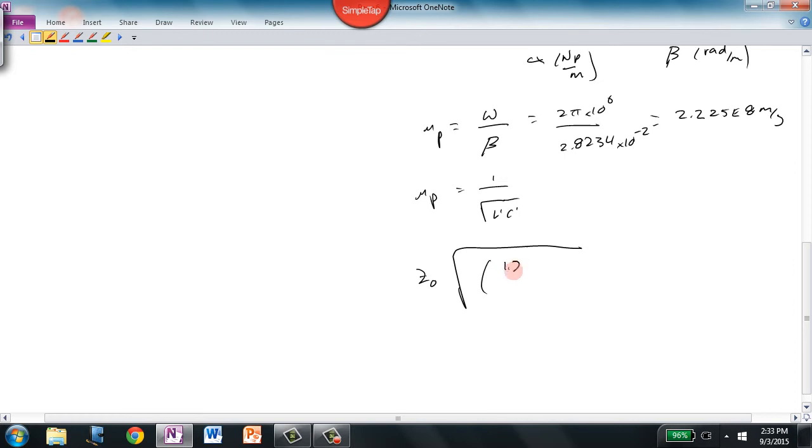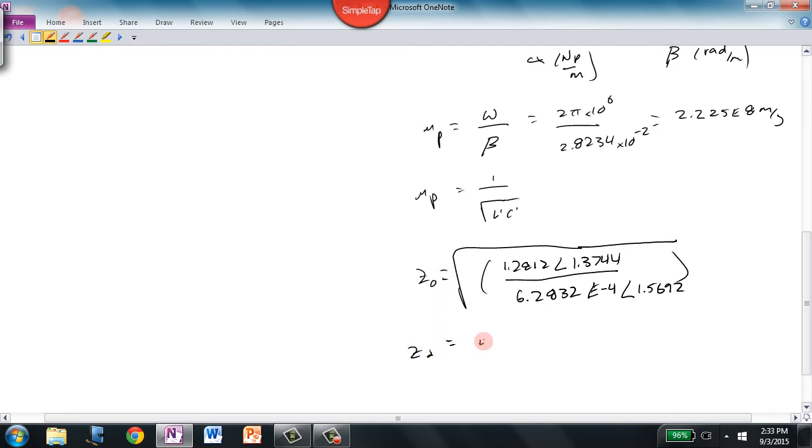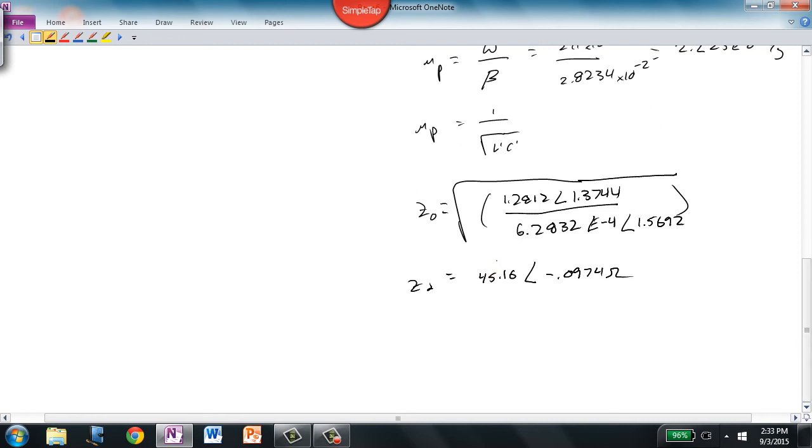So that's 1.2812 at an angle of 1.3744 divided by 6.2832 e to the minus 4 at an angle of 1.5692, all in radians, and that gives us a Z0 equal to 45.16 at an angle of minus 0.0974 ohms, which if we write that in its real and imaginary components, it's going to be 44.95 minus j 4.392 ohms.